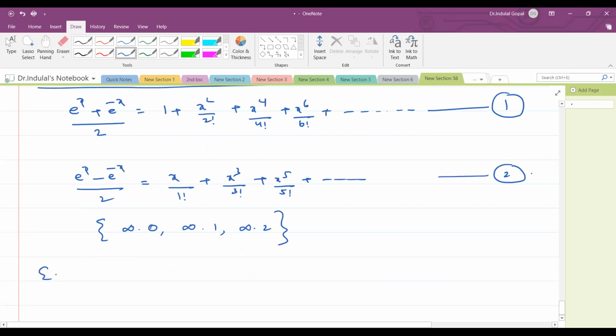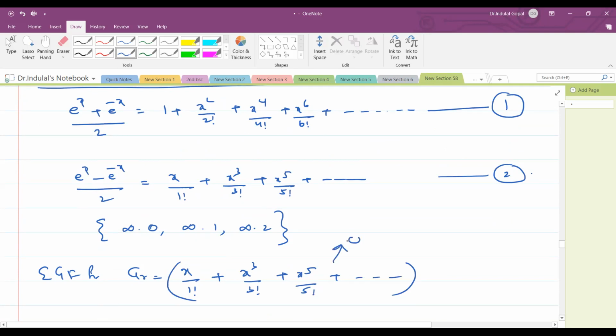What is the exponential generating function for A_r? For the zeros, we need an odd number of zeros, so the corresponding generating function is x by 1 factorial plus x cubed by 3 factorial plus x raised to 5 by 5 factorial plus etc.